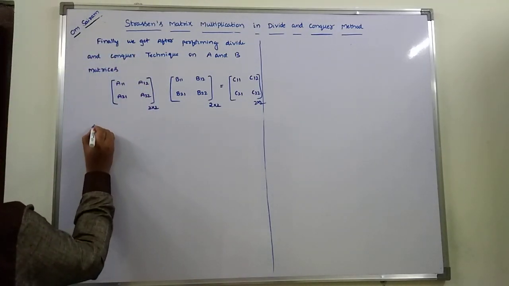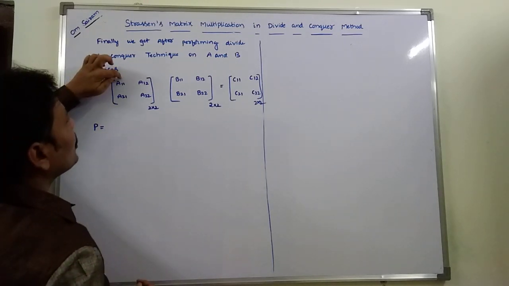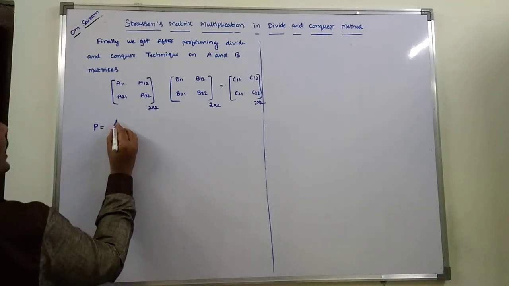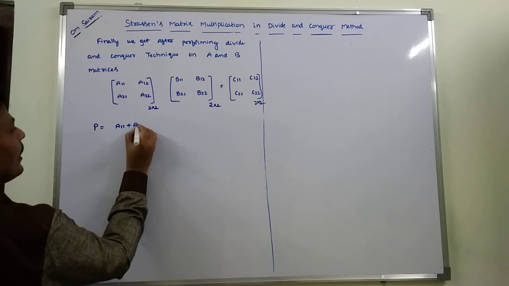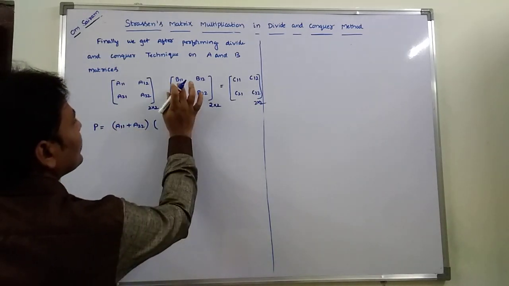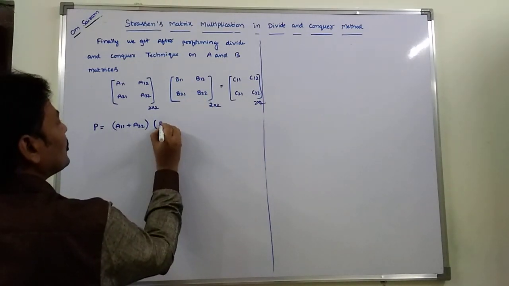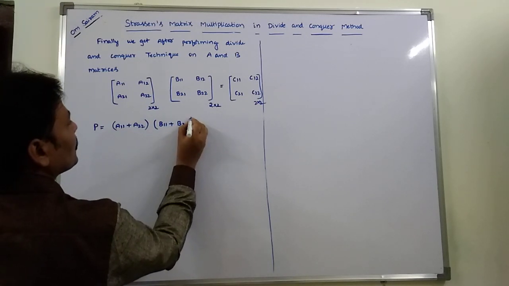First one, the equation P is equal to, first we have to combine diagonal elements. So A11 plus A22 is multiplied with the sum of diagonal elements in matrix B, so B11 plus B22.